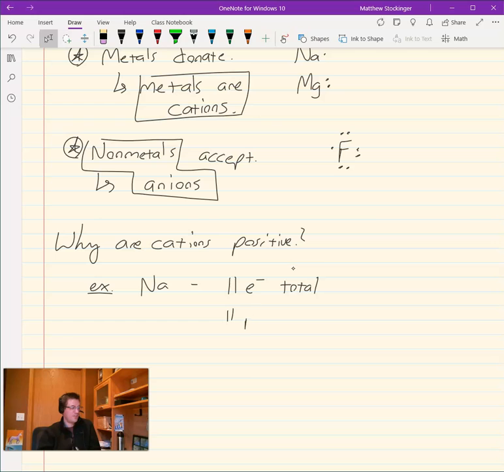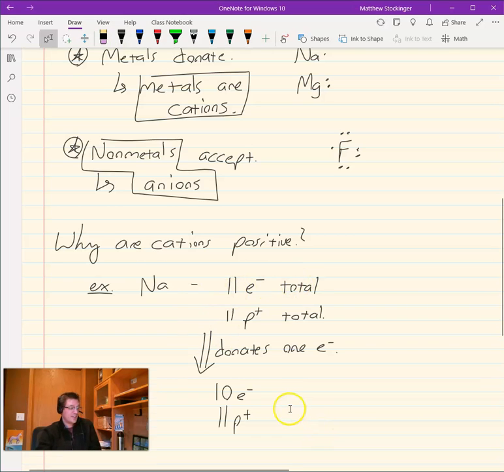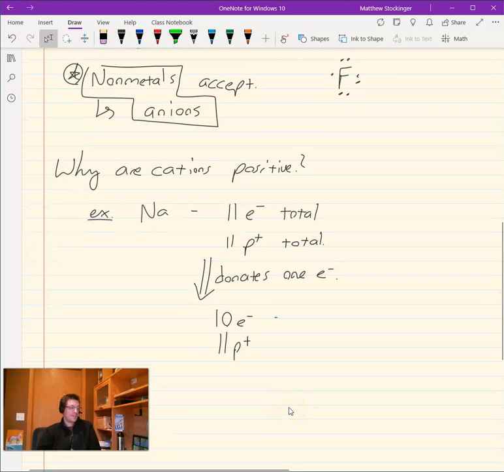Okay, 11 protons in the nucleus total. Sodium donates 1 electron. Let's say it donates to chlorine to make table salt, right? Donates 1 electron. Now it only has 10 electrons and 11 protons. Well, protons are positive and electrons are negative. 10 negatives plus 11 positives is a 1 plus charge.